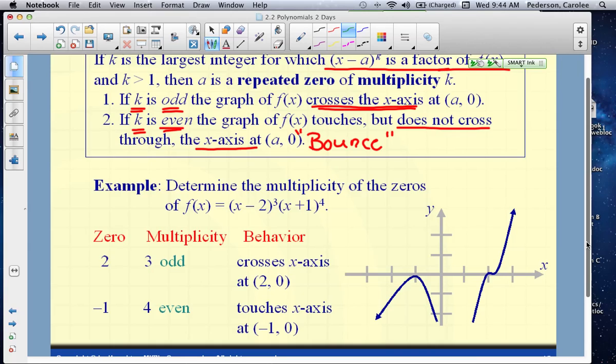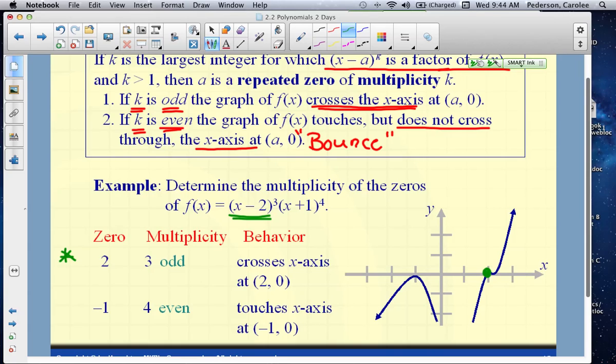So the first factor is x minus 2 raised to the third power. When we solve that for x, to find the x-intercepts, we set that function equal to 0 and solve for x. We get a 0 at 2, which is an x-intercept right here.